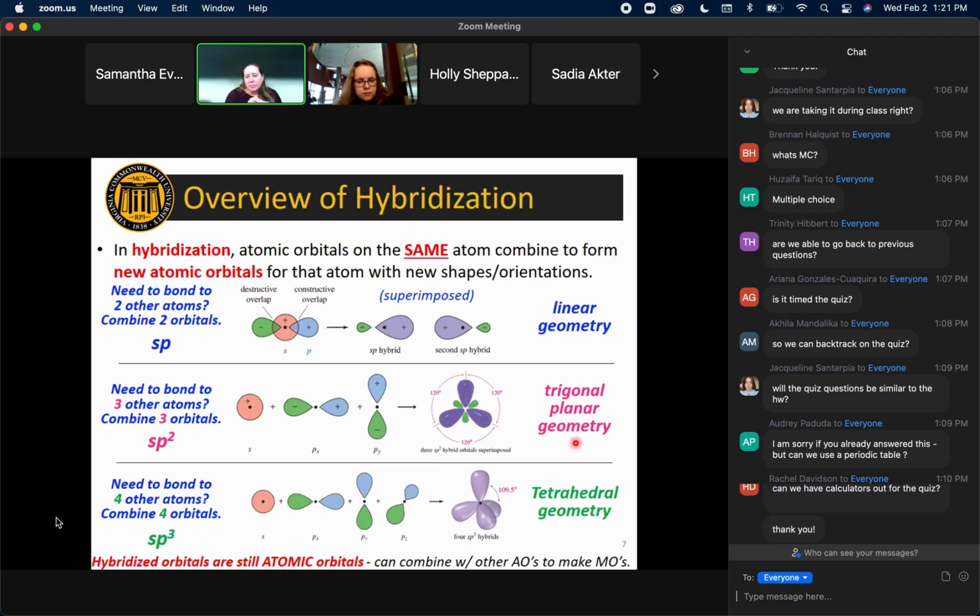We're taking the s and the p original ones that we know it owned from the original theories, and mixing them together to create some hybrid and maybe some leftover unhybridized. Then once we've hybridized them, those hybrid orbitals can participate in molecular orbital bonding.